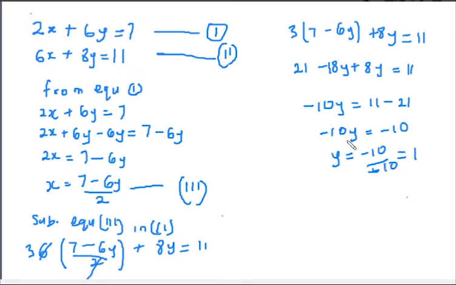So I'm going to plug the value of y into either of the equations to get my value of x. So x equals (7 minus 6y) over 2, which is equal to (7 minus 6) over 2.